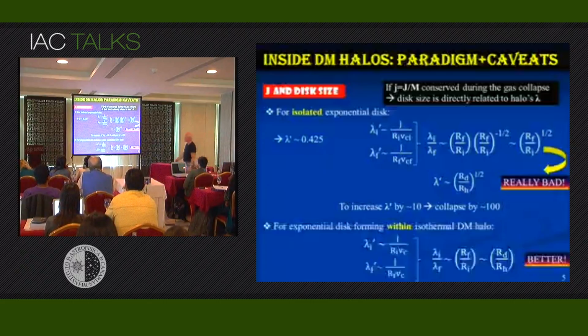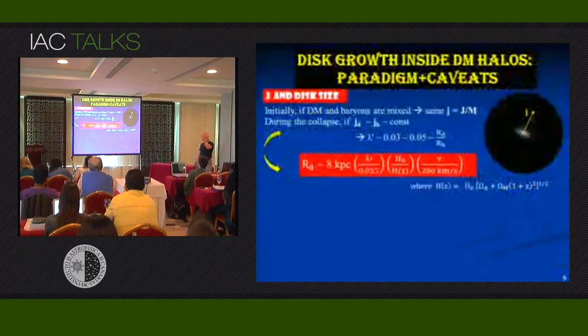So that's why I wrote very bad. And if you do the same estimate within an isothermal dark matter halo, you get that the ratio depends not on the square root, but just on the linear ratio of these radii, which means in order to get rotational support, the gas, or baryons, needs to collapse only by a factor of 10.